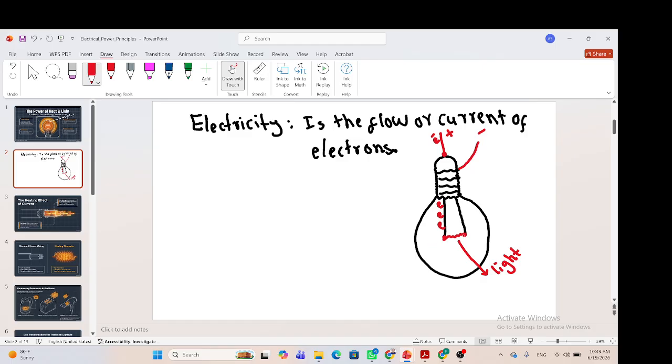But when it comes to this point, from point A till point B, this metal, the iron or the substance, resists against the flow of electrons. So it doesn't let the electrons flow from this point till this point easily.